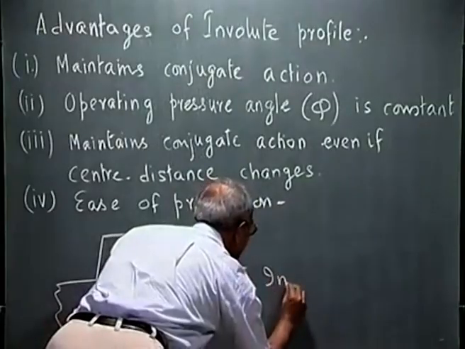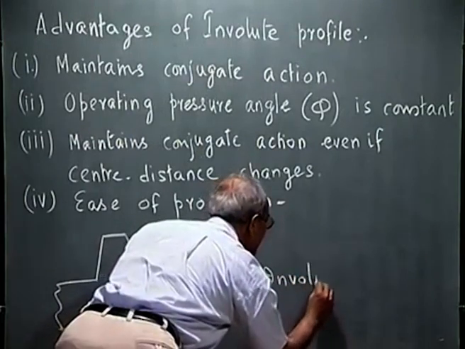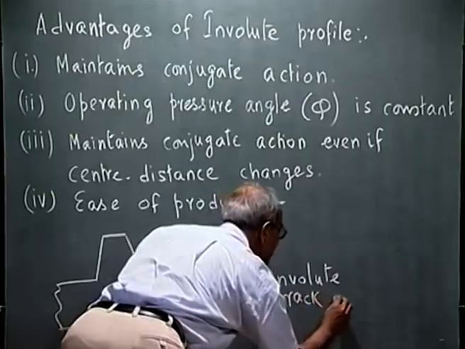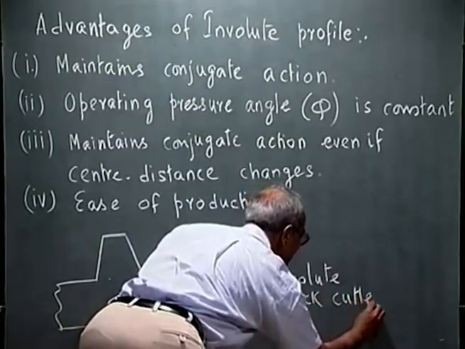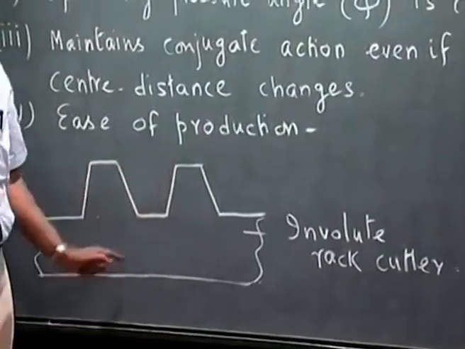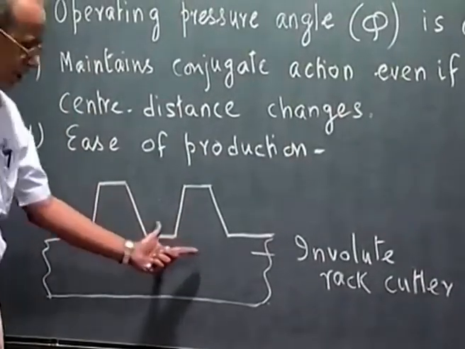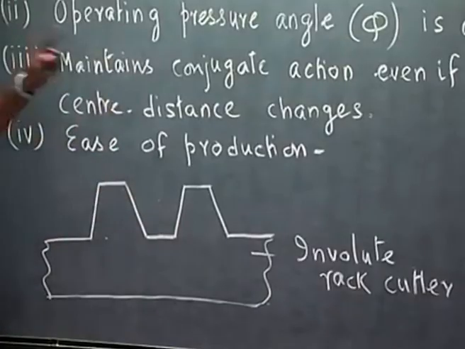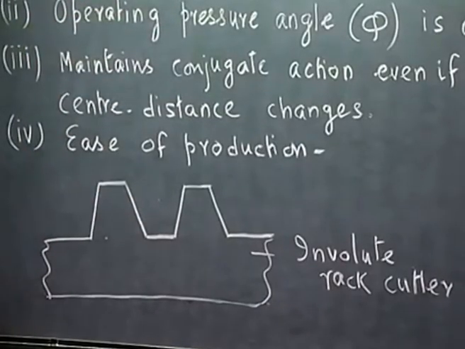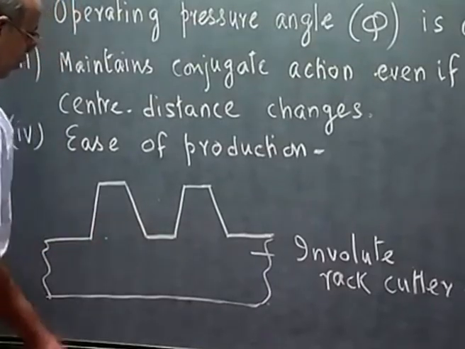I can say it is an involute rack which is used as the cutter, and on the cutter it is much easier to produce straight sides than any complicated curve, and it is this involute rack cutter which can maintain conjugate action with an involute tooth profile of a gear. So, this is called involute rack cutter.